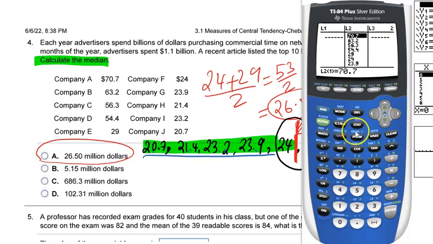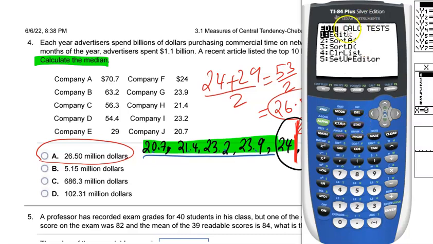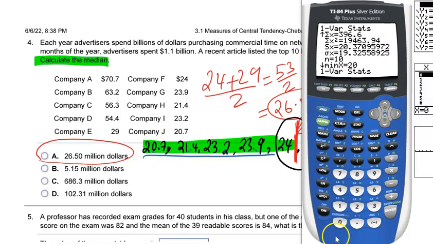To find the median, press stat, and select CALC using the arrow button, and select number 1, 1-Var Stats. Now since your data is in L2, you have to type L2 here.